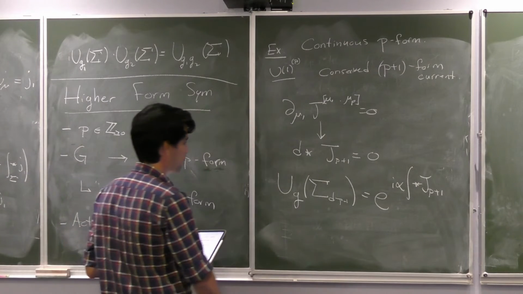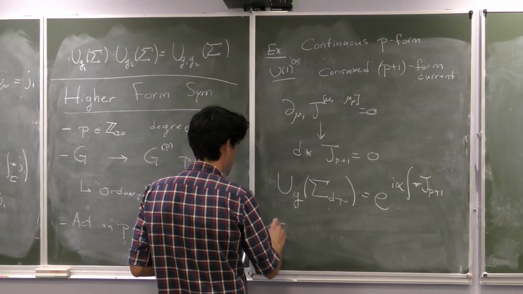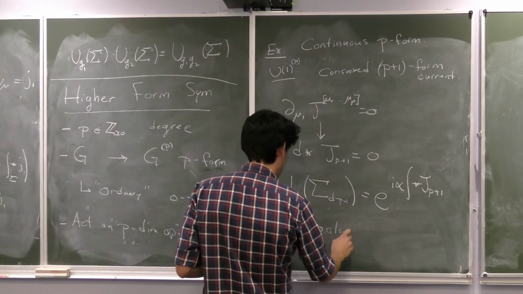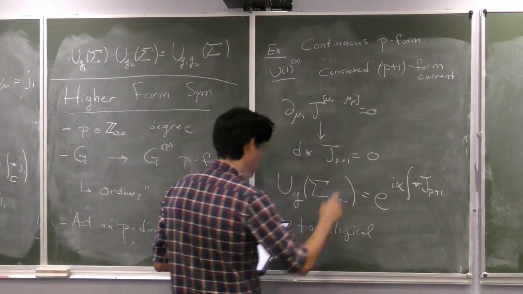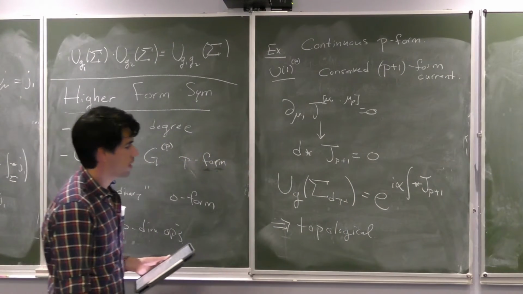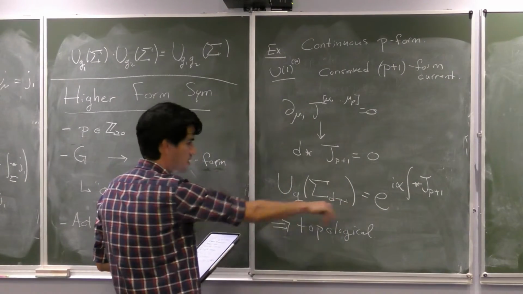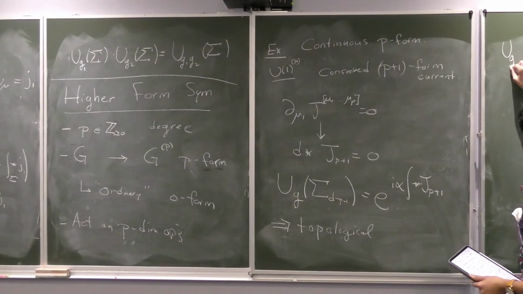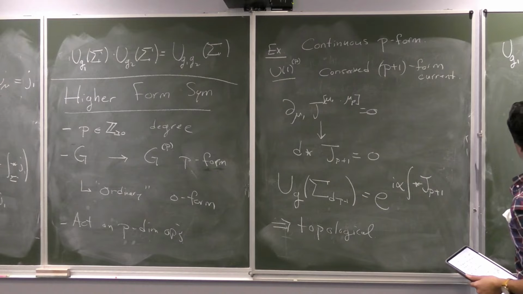So this is again topological. And because it's just the exponentiation of the conserved current, you again see that there is this product.